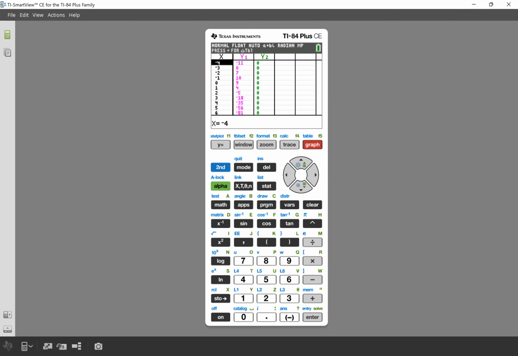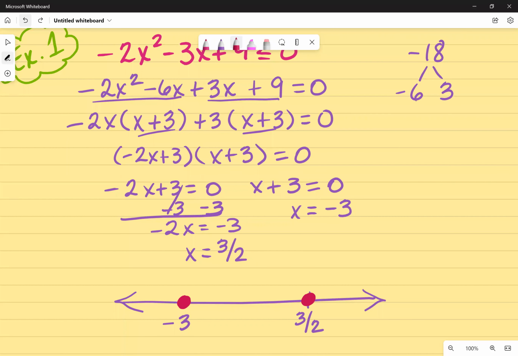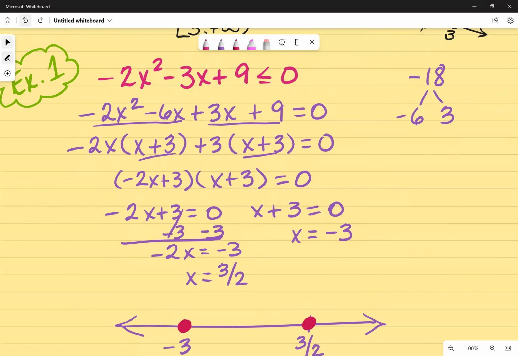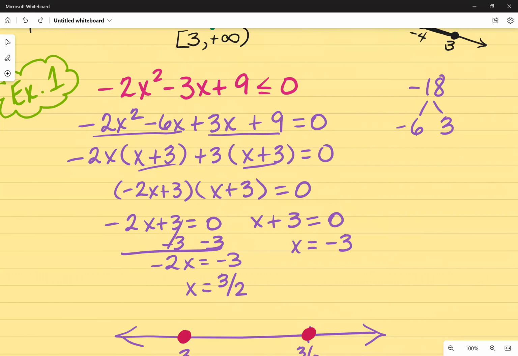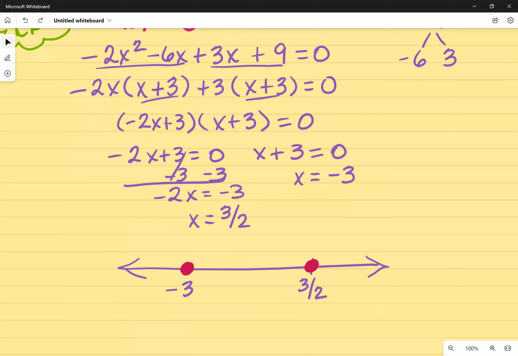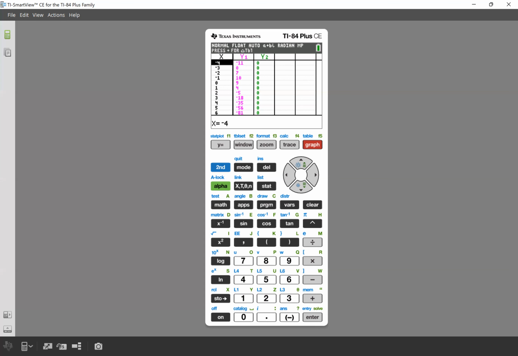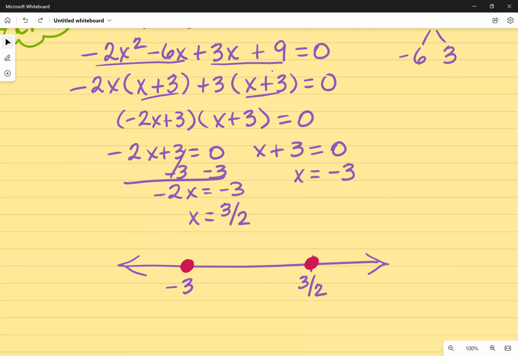It initially told me that -2x² minus 3x plus 9 is less than or equal to 0. So when I checked for -4, -11 is in fact less than or equal to 0. So I know that this portion is going to be shaded in.